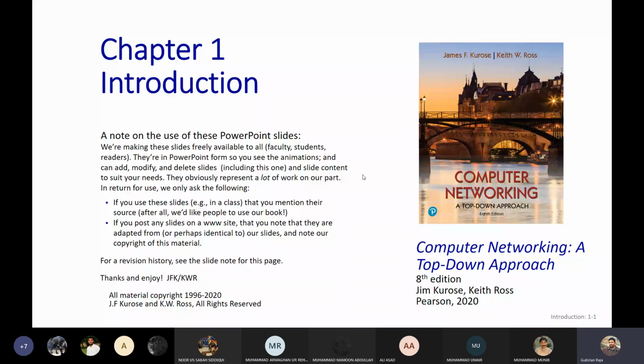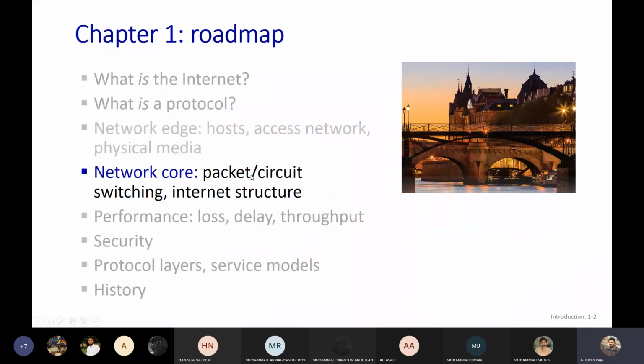Okay, can you see the slides? Yes, sir. Okay, that's fine.